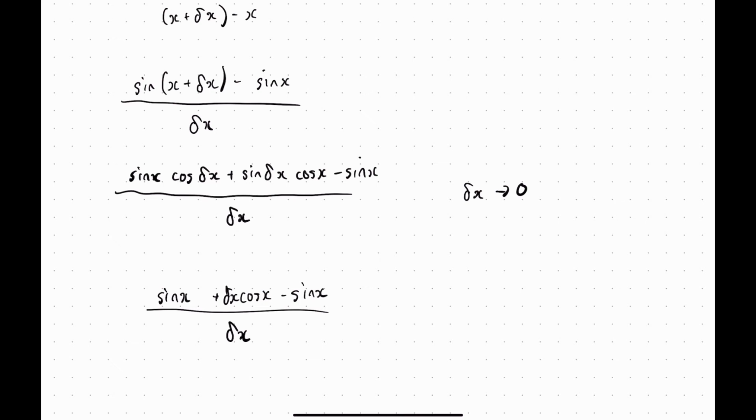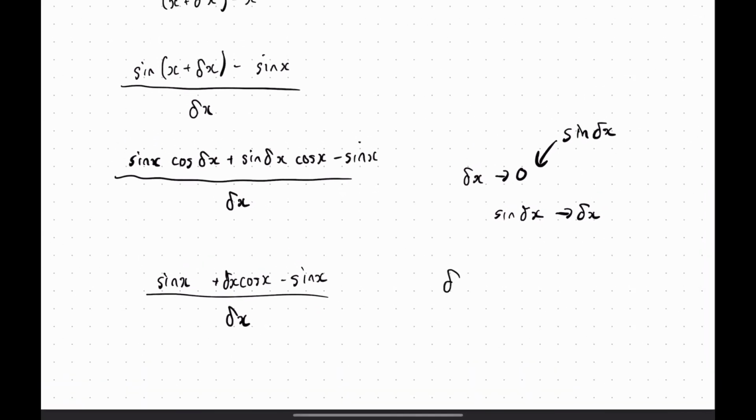So we can say that sine delta x is also 0. Therefore, sine delta x is approaching delta x. If delta x is approaching 0 and sine delta x is approaching 0, then you can say that delta x is approaching sine delta x, or sine delta x is approaching delta x. Which gets you this equation here, which leaves you with delta x cos x over delta x, which just leaves you with cos x.